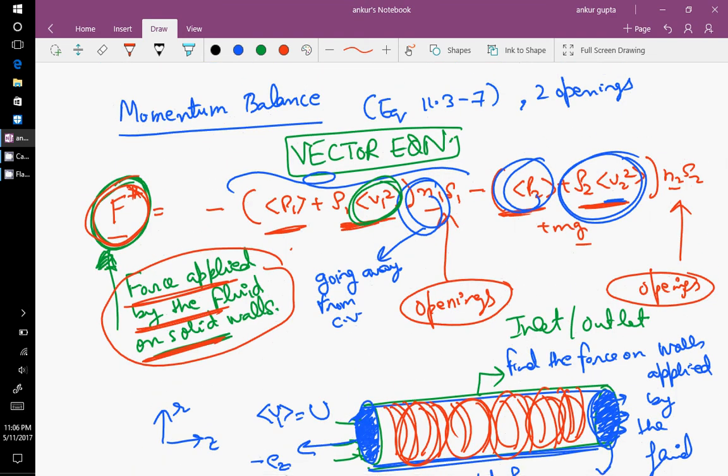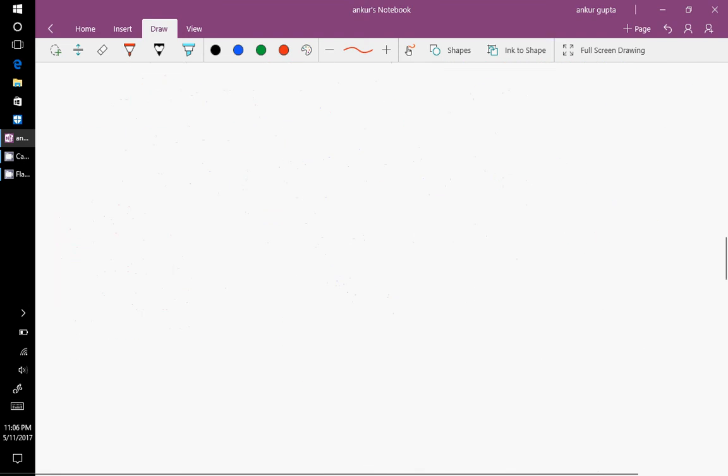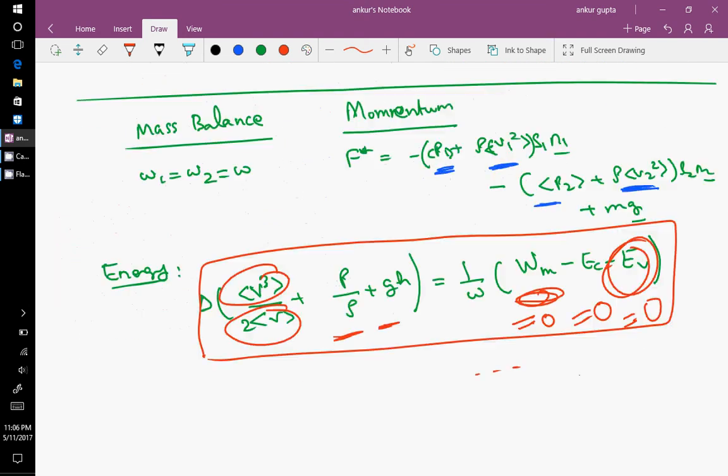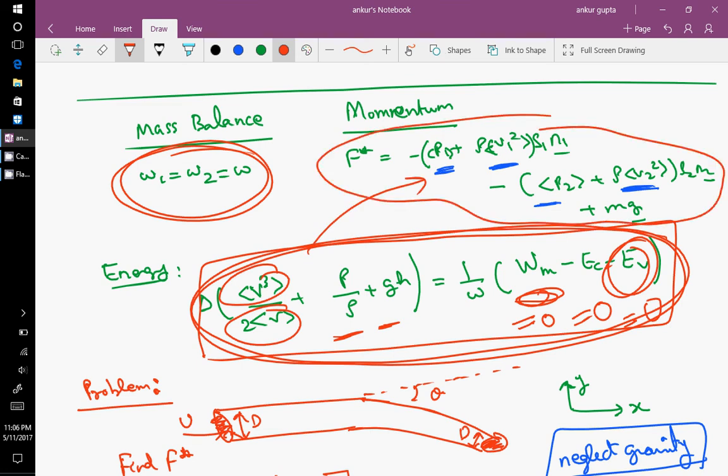But to calculate momentum balance, you need information about pressures and velocity, and generally you can first use the mass balance equation to understand the relation between velocities. Then you can use this equation of energy balance to relate pressures depending on viscous loss and flow regime. And then you can put that into momentum balance to calculate stuff.